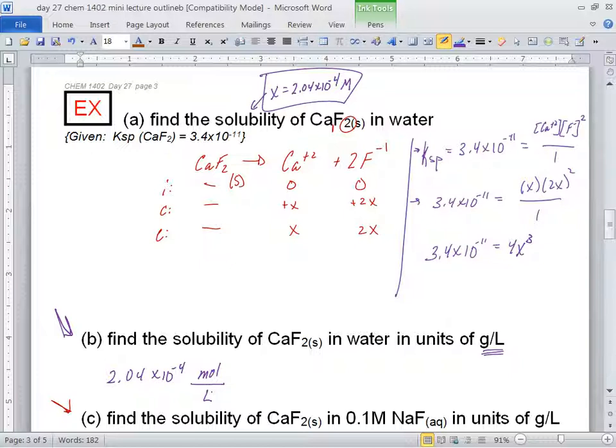But, Megan, we got to convert those moles into grams, right? So the question really is, moles of what? So then we can put that compound here and put it down there. You find the molar mass. Moles of what? CaF2, right? Because they want to know the solubility of CaF2. So x is CaF2 in concentration, big M.